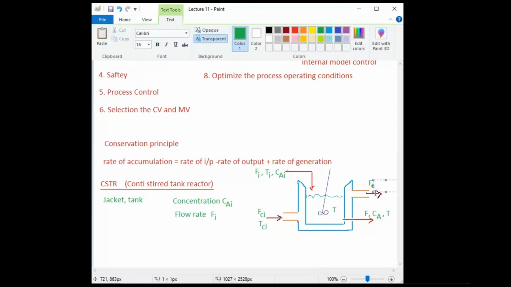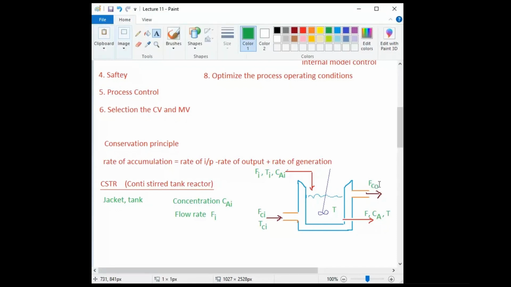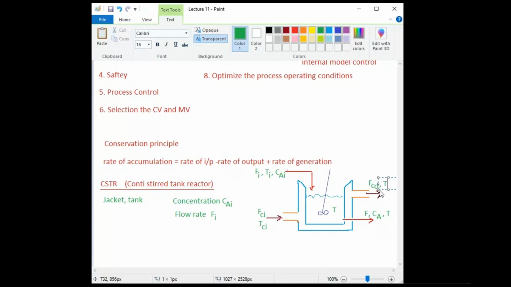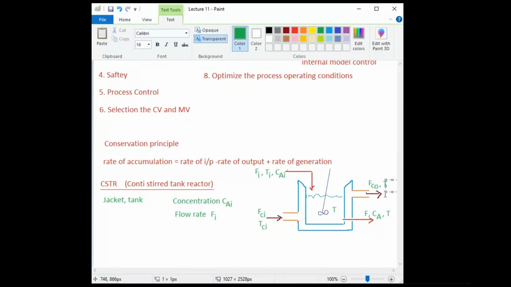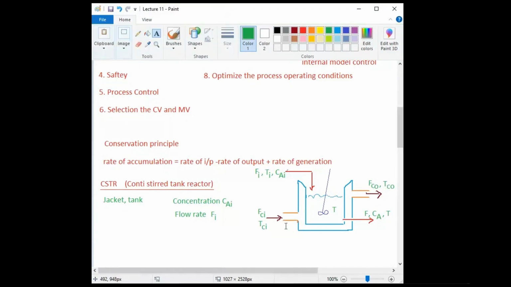Here we can write Fco, there is no issue, and then Tco is the coolant out. This is coolant in, and here we have coolant out. Okay, so Fi, F, Fci, Fco, these are the flow rates. All the T's are the temperatures, all the Ca are concentrations, right?